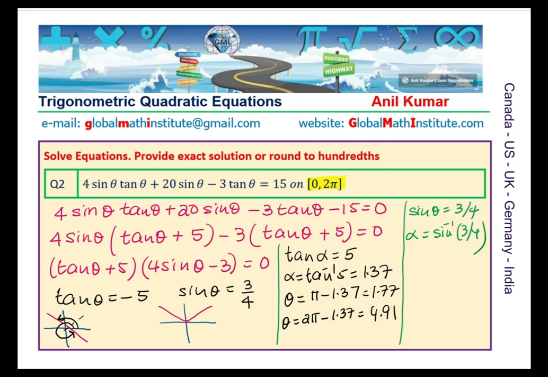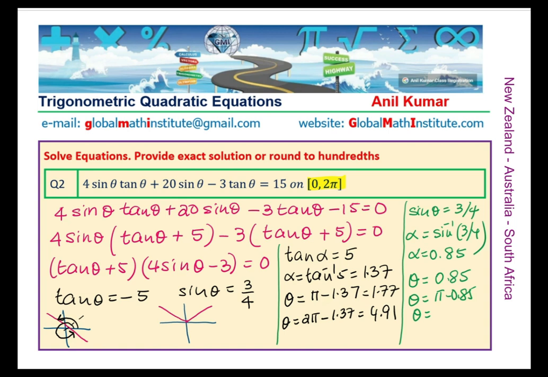I'm going to write this as 0.85. So the two angles for theta will be one in quadrant 1, which is 0.85, and the other one will be pi minus 0.85, which gives us 2.29. So that is how we get the solutions of this particular equation.